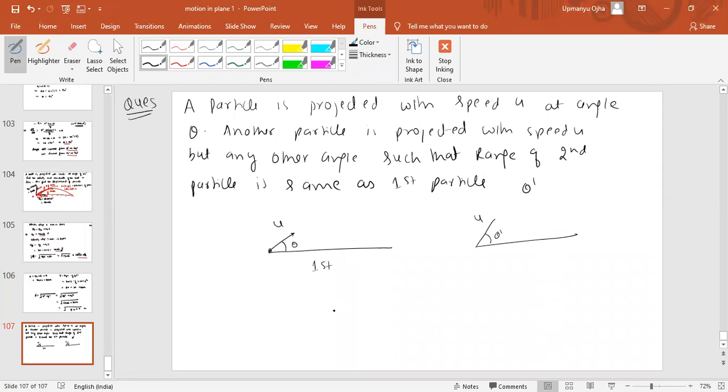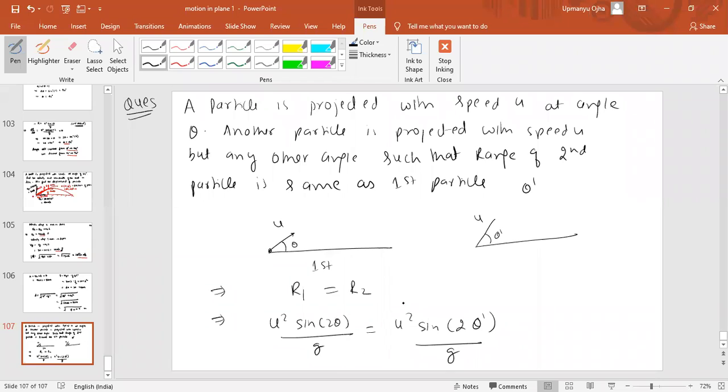So can I write here the range for the first particle, R1, is the same as the range for the second particle. What is the range for the first particle? That is u square sine 2 theta by g, which should be equal to the range for the second particle, which is u square sine 2 theta dash by g, because here the angle is theta dash.